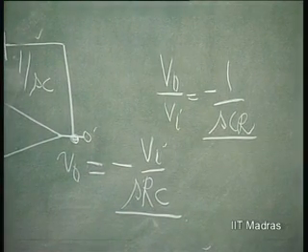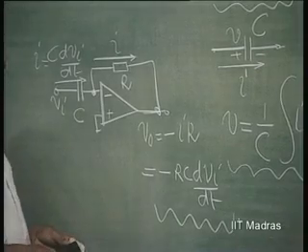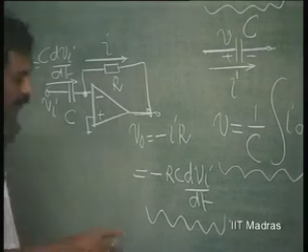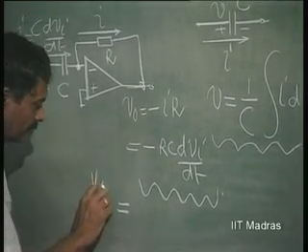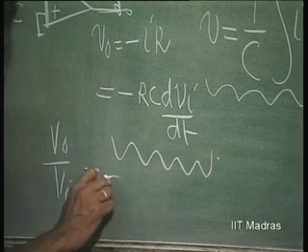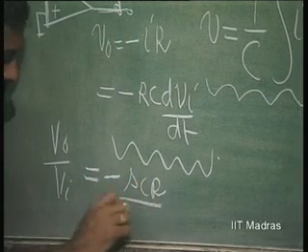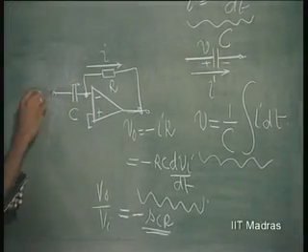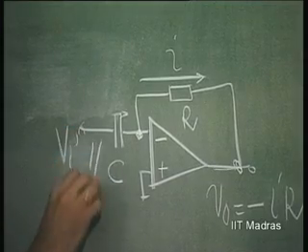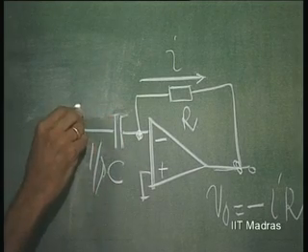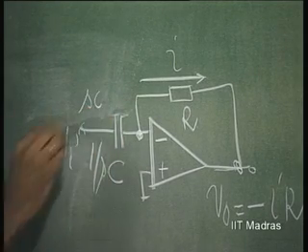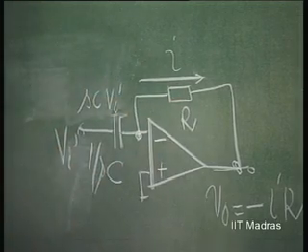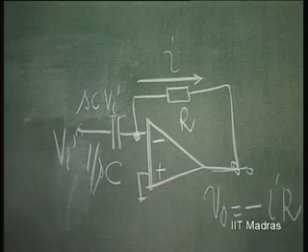Similarly, it can be shown that dVi by dt means, yes, differentiation. So, this is V naught over V I equal to minus S C R. Again, we can replace this by V I, this by 1 over S C, and the current is going to be S C into V I, that is the current through this capacitor, and the potential here is going to be S C V I into R with a negative sign.